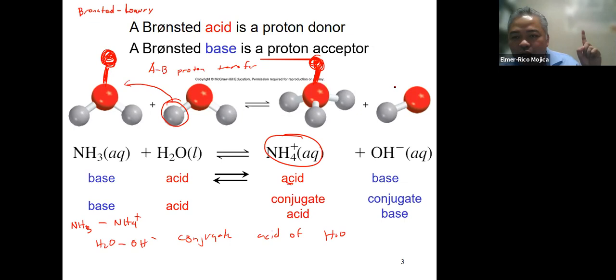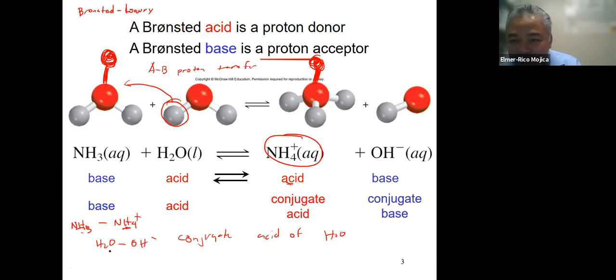You have one more H. And if you say conjugate base, you have one less H. Do you see the thing? So we could say this is the conjugate base of this, and this is the conjugate acid of this one. Now OH minus is the conjugate base of H2O.